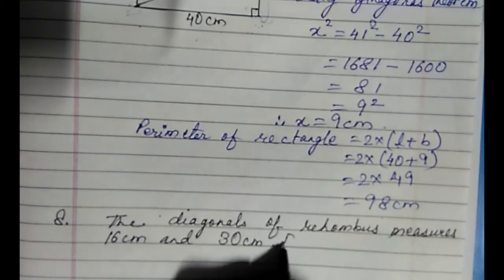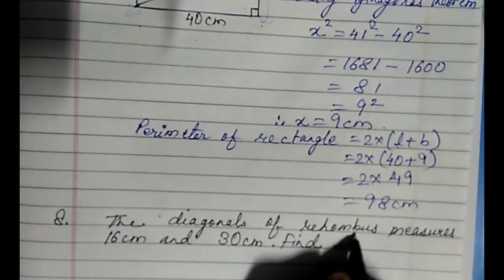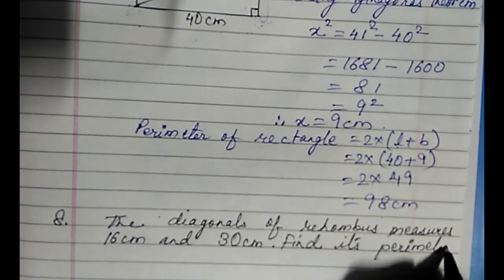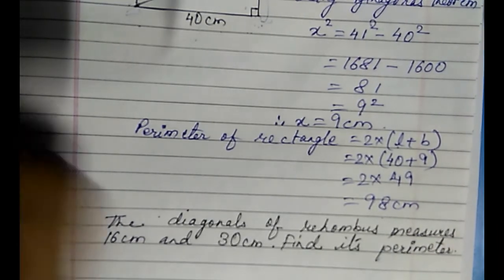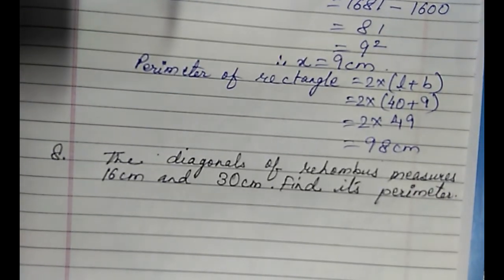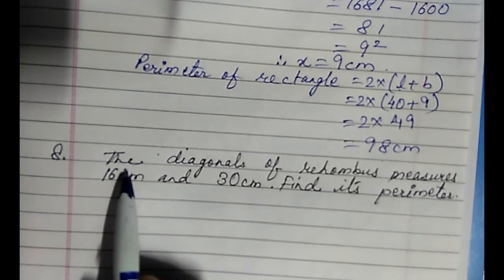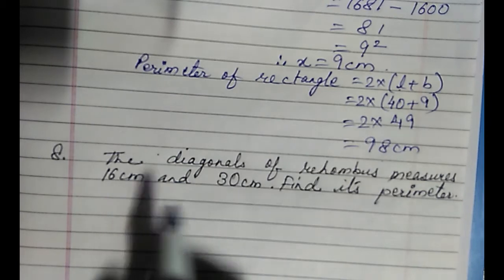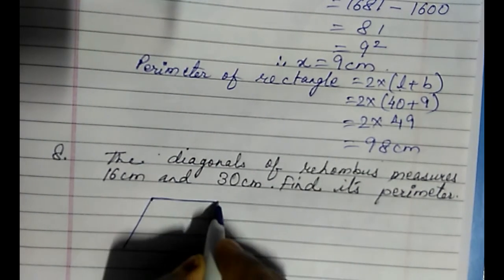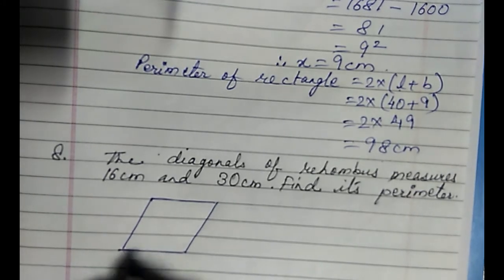So we have to find its perimeter. So how to find the perimeter of a rhombus? अब rhombus की एक चीज होती है कि हमें मालूम है rhombus is having all the four sides equal. तो चलो मैं all the four sides I try to make it equal, so I get a rhombus.